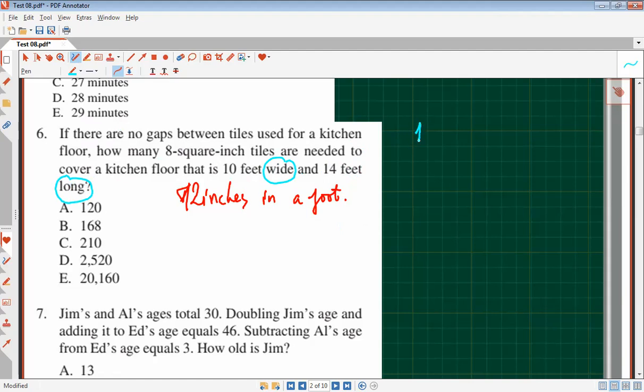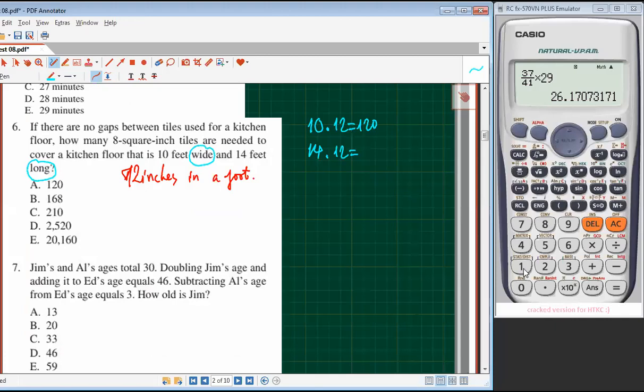That is 10 times 12 is 120. That is 14 times 12, let me use a calculator, that is 168.